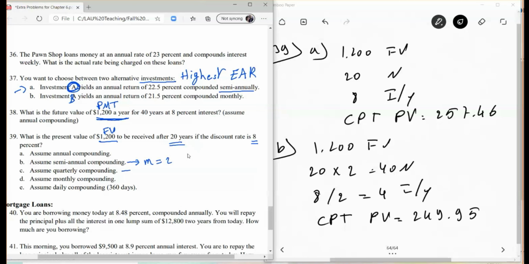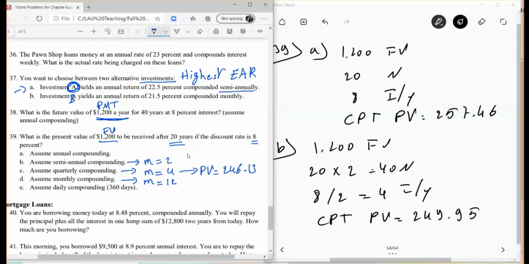In part C, M is equal to 4 because I have quarterly compounding. In part C, I should get a PV equal to 246.13. In part D, I have monthly compounding, so M is equal to 12. PV in this case is equal to 243.75.